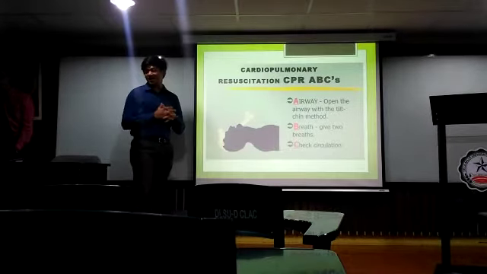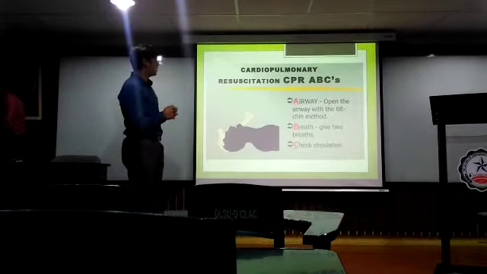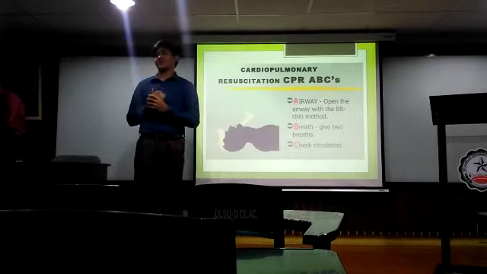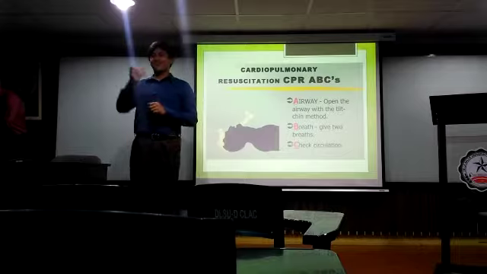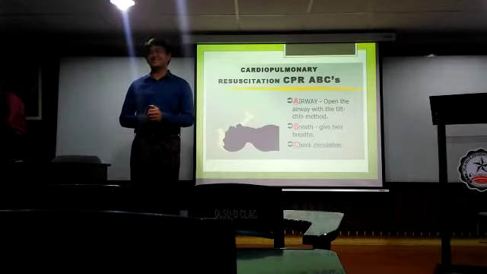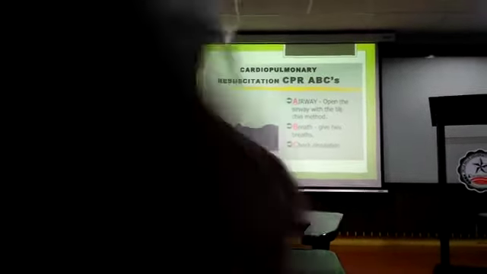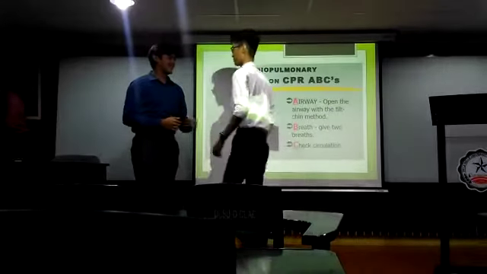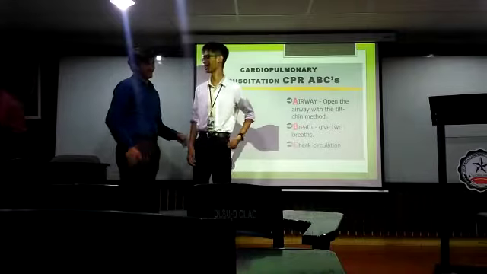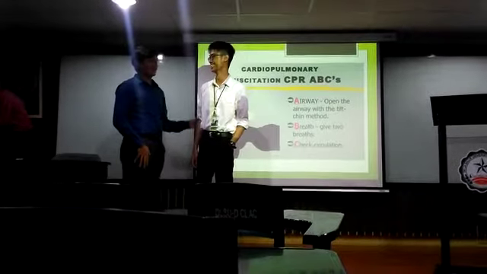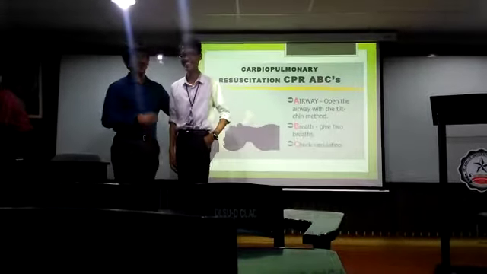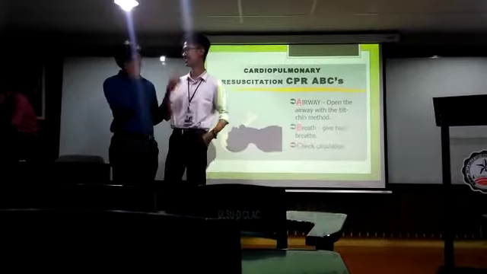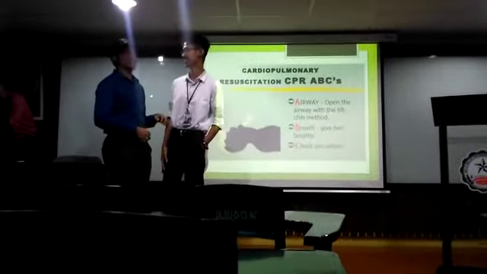I will show you the ABC method of CPR. So may I call on a volunteer? Please come in. What's your name? Alec. So our victim is Alec Amargo, and we will have a demonstration.